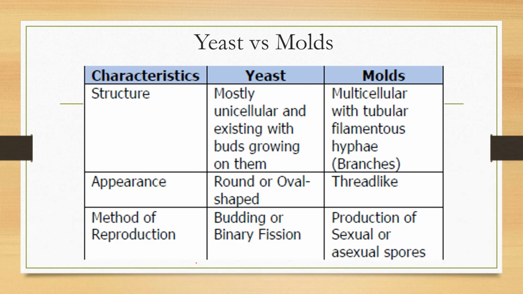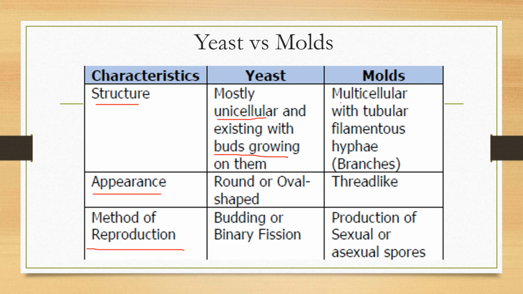Now, how would you differentiate yeast versus molds? There are three ways to differentiate them. You could differentiate them based on the structure, based on the appearance, and based on the method of reproduction. Take note that yeast are unicellular when it comes to their structure, and they have buds growing on them. So they are able to perform budding.